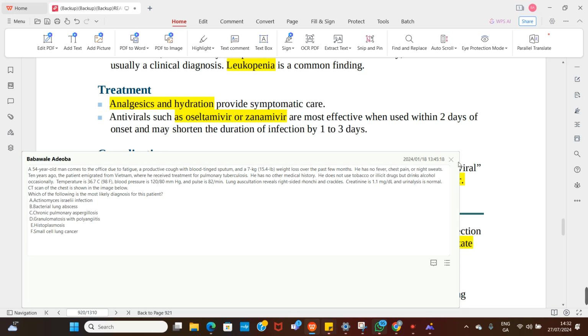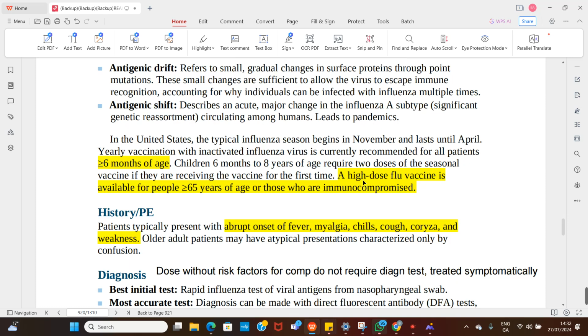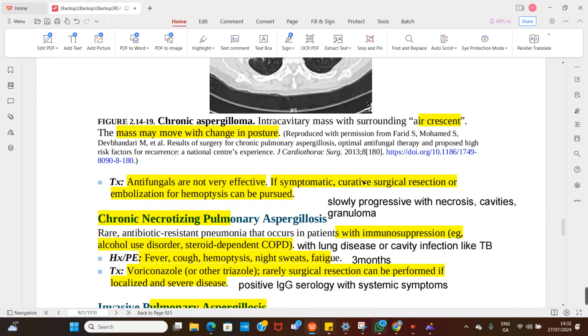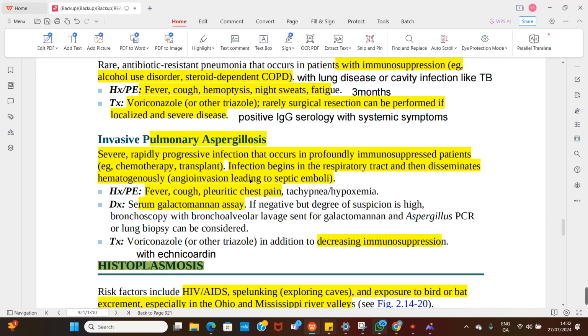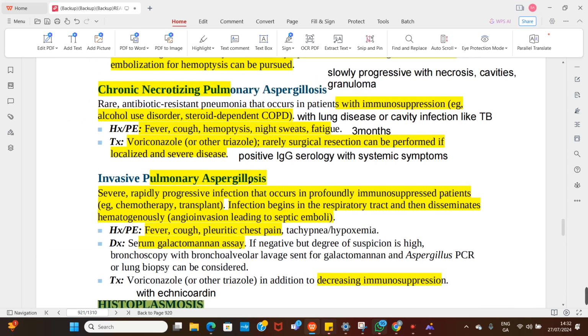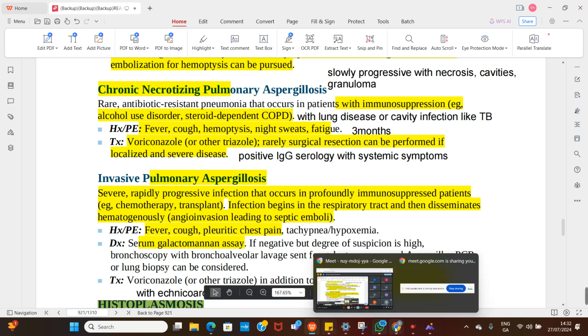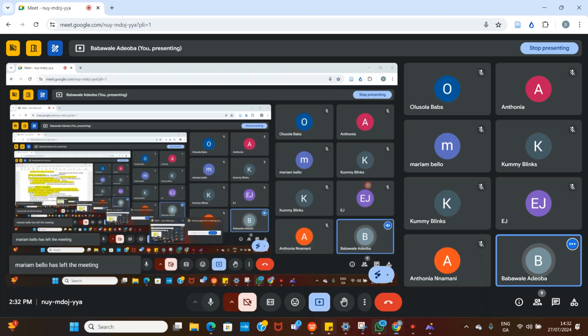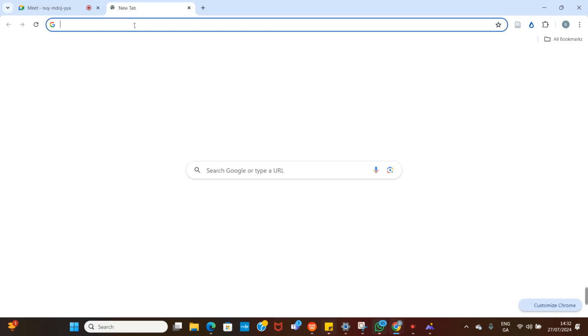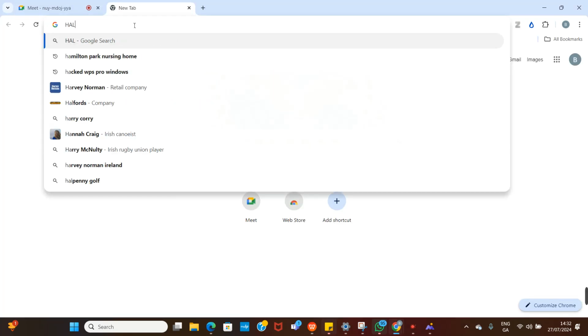Okay, I think I'm supposed to even show us the image of the halo sign Dr. Antonia mentioned. Probably I have it deleted. So in invasive pulmonary aspergillosis, you have the halo sign in which you are going to be seeing the nodule with surrounding area of ground glass opacity. So let me see halo sign of invasive before we go to that question.